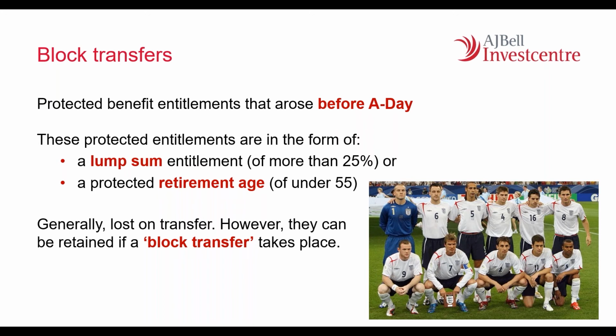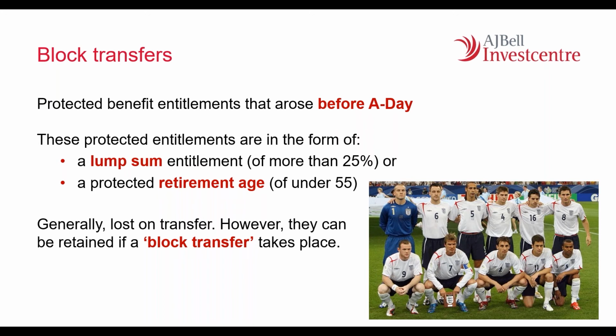So they had to have the entitlement on 5th of April 2006, and that would have been either a lump sum entitlement of more than 25% of the fund, or a protected retirement age of under 55. There was a prescribed list from HMRC of prescribed occupations which had this right. Most famously footballers, who could retire at age 35, such as our 2006 World Cup squad there, would all have been entitled to that under their scheme at A-Day.